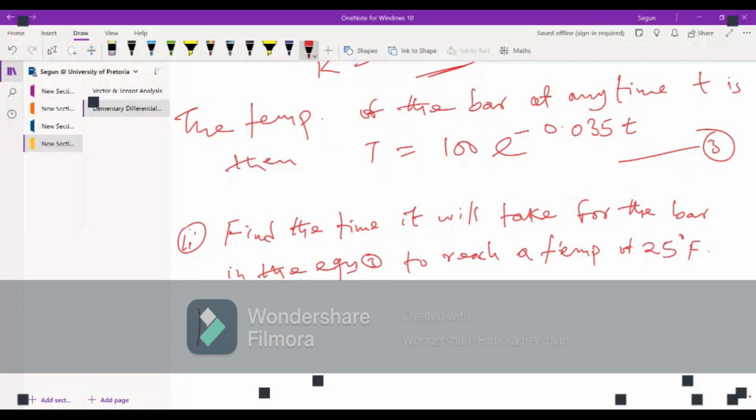But recall that, we're solving this one now.